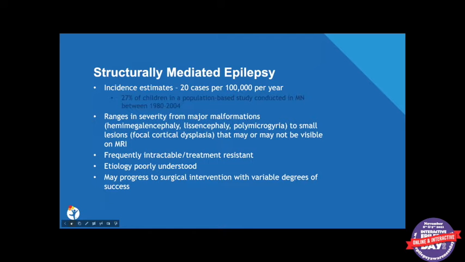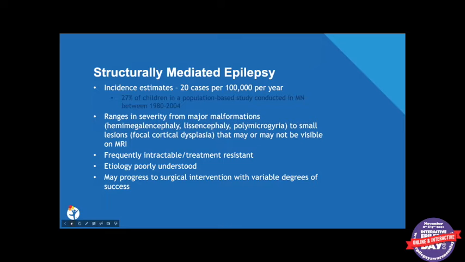Structurally mediated epilepsy is one of the most common causes of seizures in people. There have been a few estimates of incidence, about 20 cases per 100,000, and a study conducted at the Mayo Clinic in Minnesota between 1980 and 2004 estimated it to be about 27% of children with epilepsy.